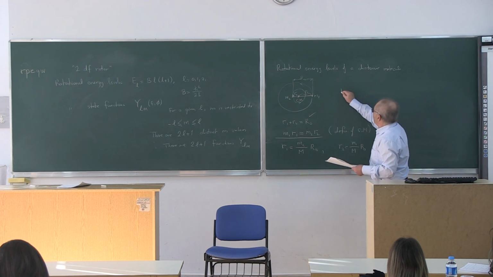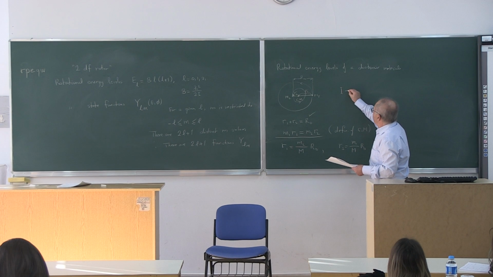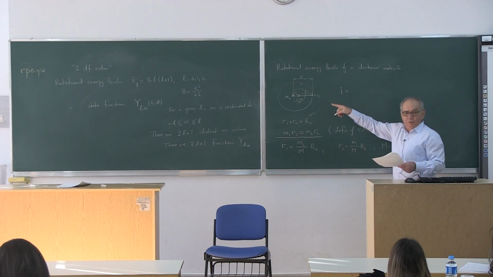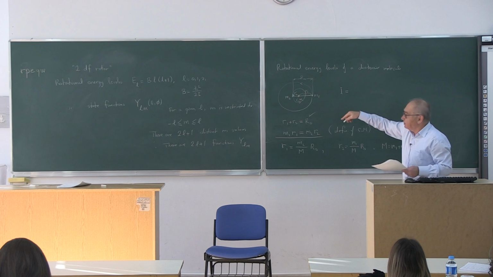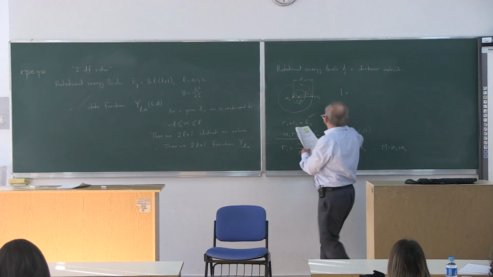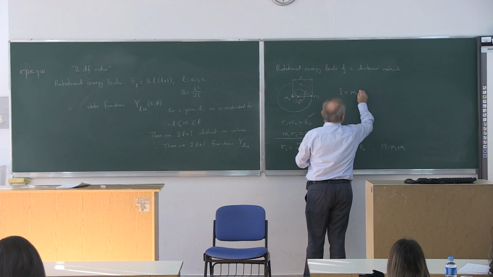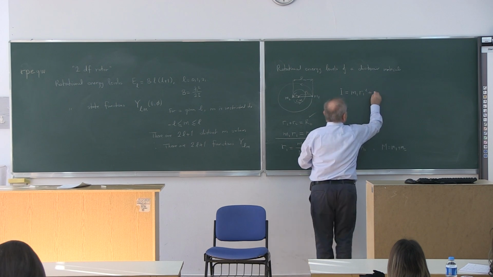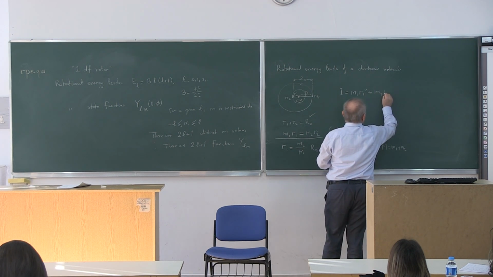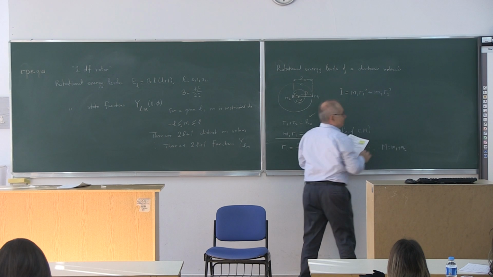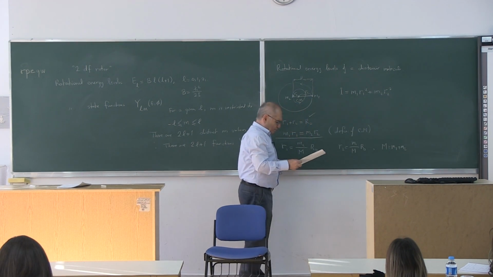Now, the moment of inertia of the molecule about the center of mass is, by definition, mass 1 times R1 squared plus mass 2 times R2 squared. This is the moment of inertia.